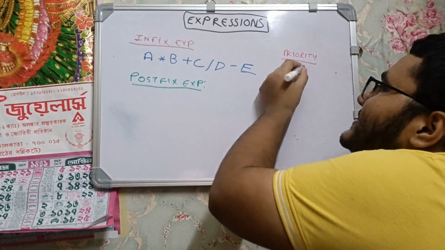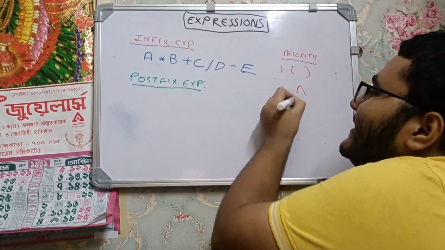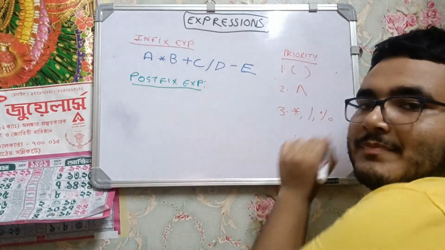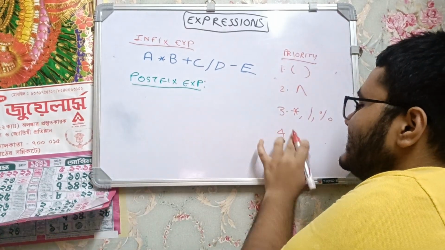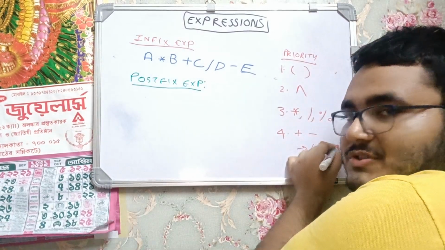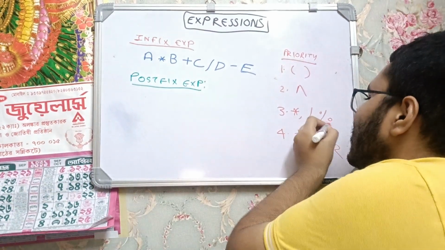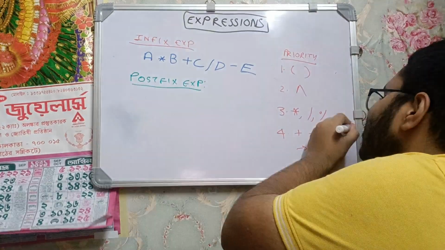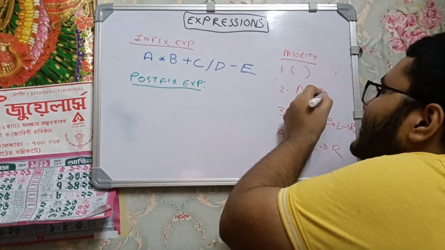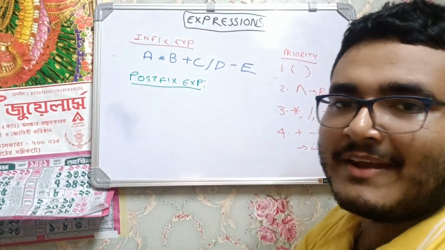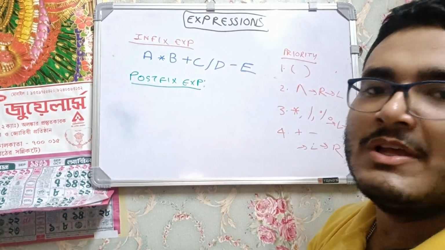First is parenthesis, second is caret, third is multiplication, division and modulo, fourth is plus and minus. The associativity is left to right for those, and right to left for the caret. And the parenthesis has no associativity rule.